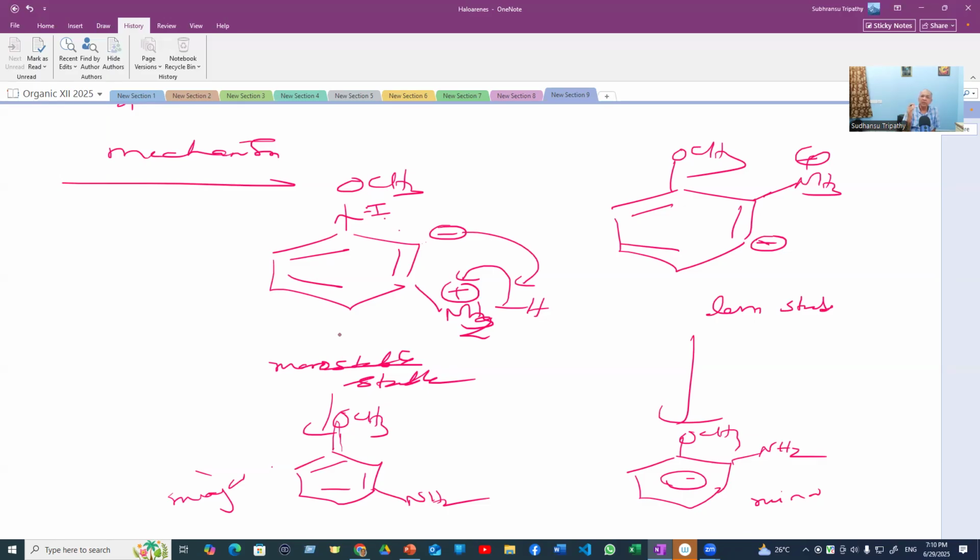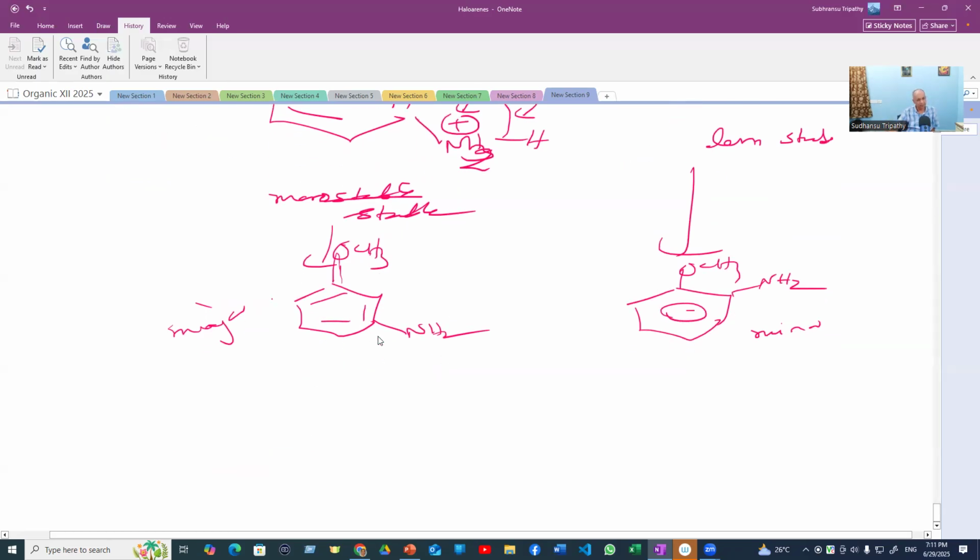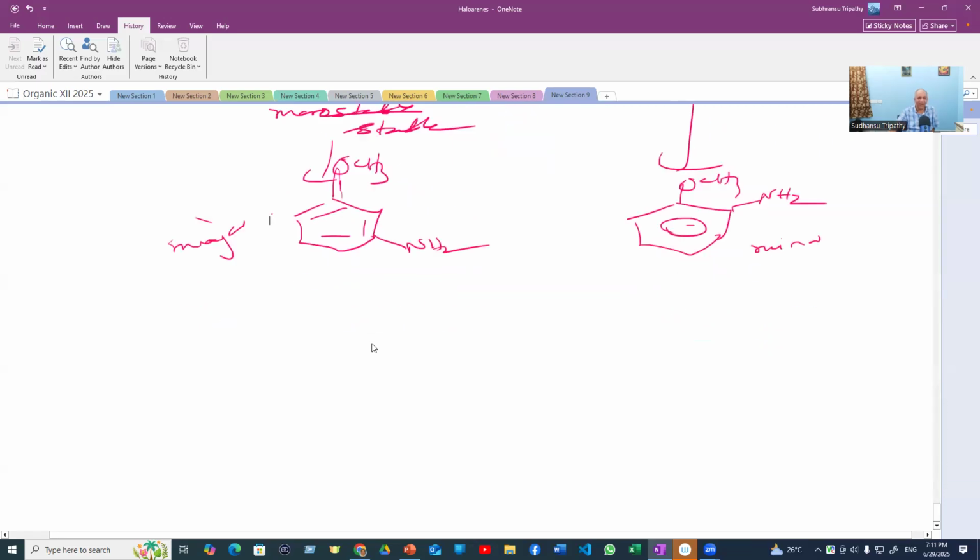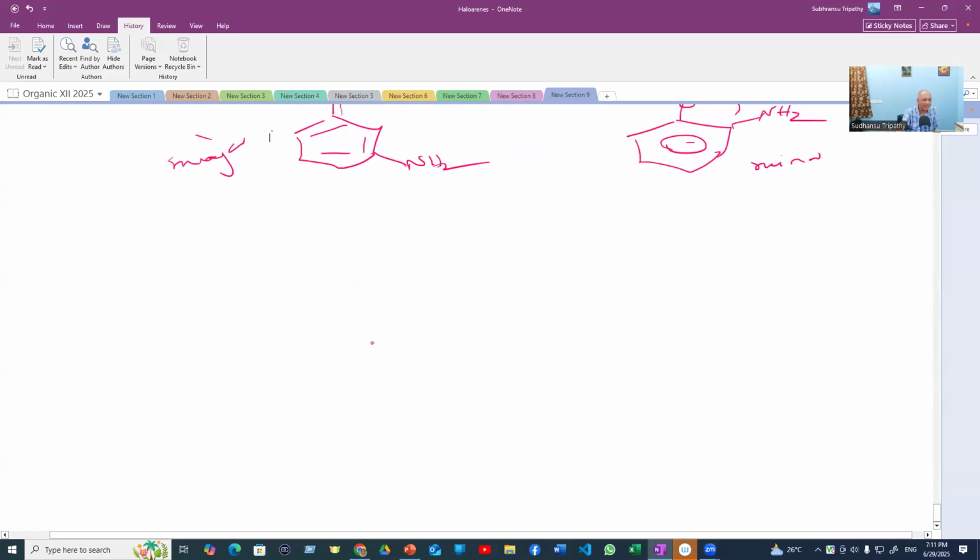So here the plus R effect will be redundant. The minus I effect will only explain which is relatively more abundant compared to the other one. You understood, Miss Sisters? Yes, sir.